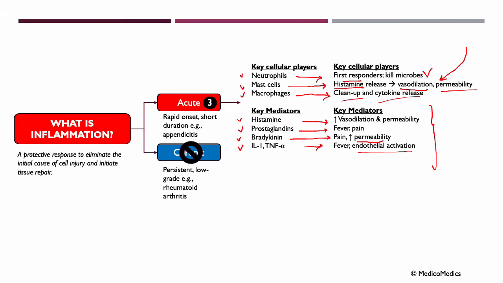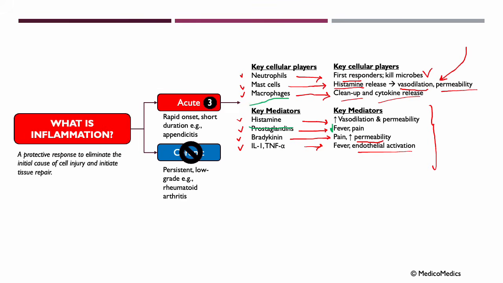Knowing that, what we do clinically is target these mediators with drugs. For example, NSAIDs, or non-steroidal anti-inflammatory drugs, block prostaglandin synthesis. So this one gets blocked, and this will then lead to a reduction in fever and pain.